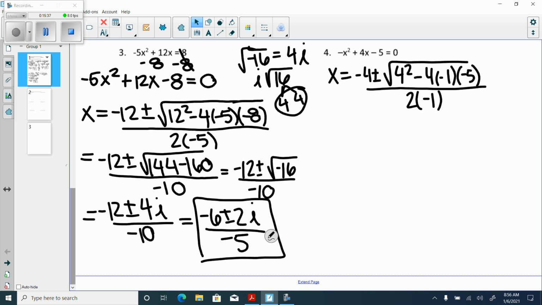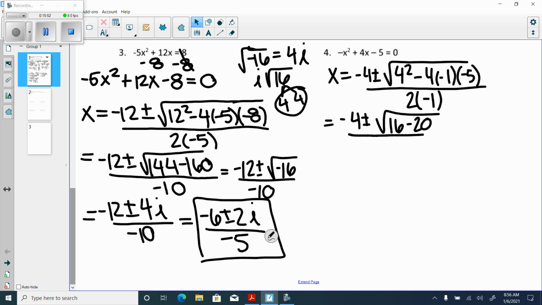Start to simplify. So when I square 4 under that radical, what am I going to have? And then when I multiply all my numbers, very good. All over. And when I subtract the numbers under my radical, we're left with.